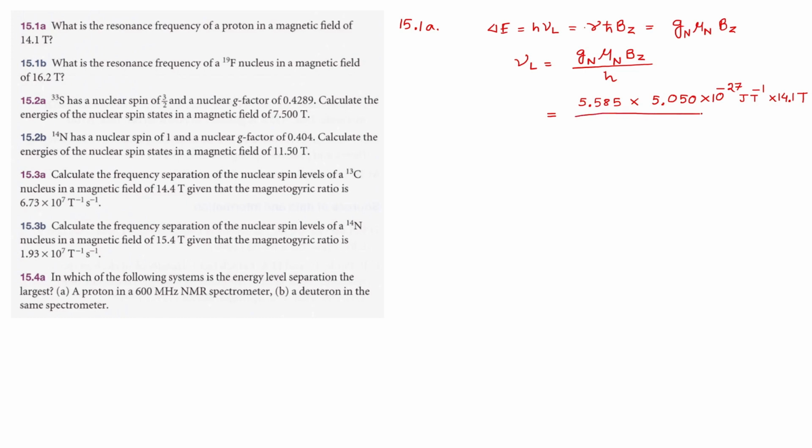And then our Planck constant is there, 6.626 into 10 to the power minus 34 joule second. So joule will cut, Tesla inverse Tesla will cut. Now this second will go to second inverse, or hertz.